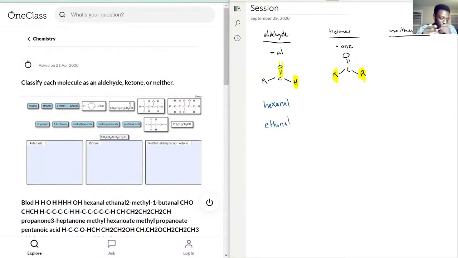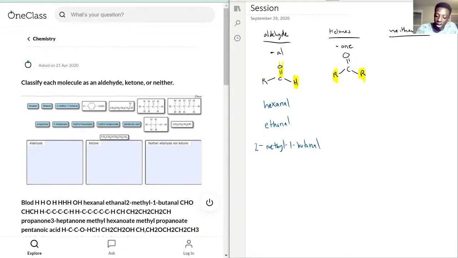That way you get familiar with it. 2-methyl-1-butanal, also an aldehyde, same thing. Okay, so right now we have 3 aldehydes. Let's just go through the names first, because I do feel like that one's a little bit easier to grasp, because it kind of just tells you the answer right in its name.